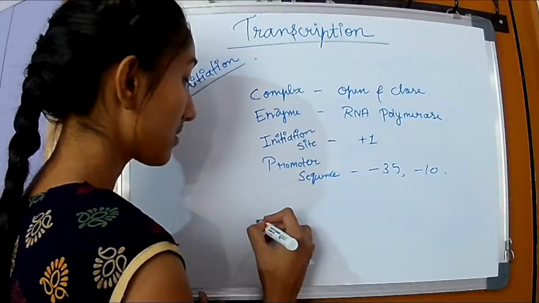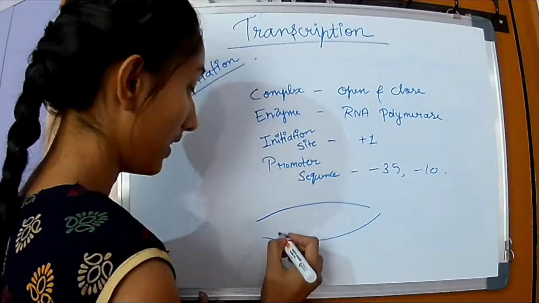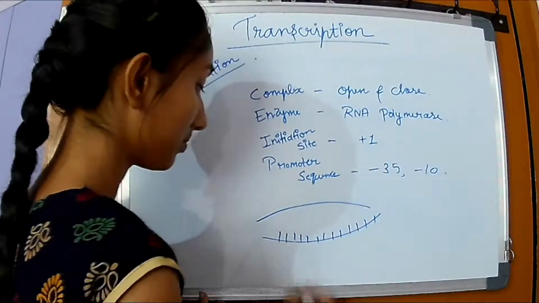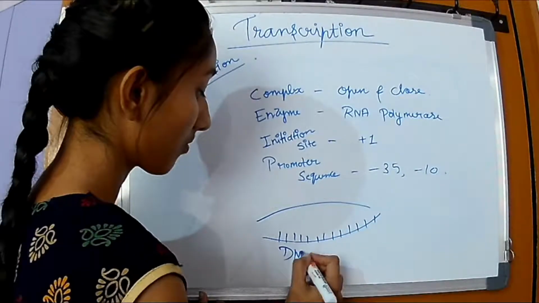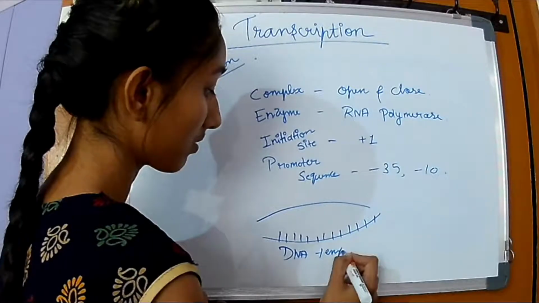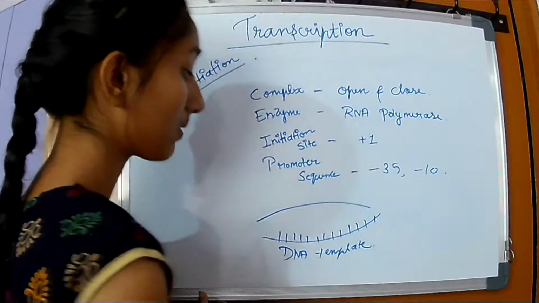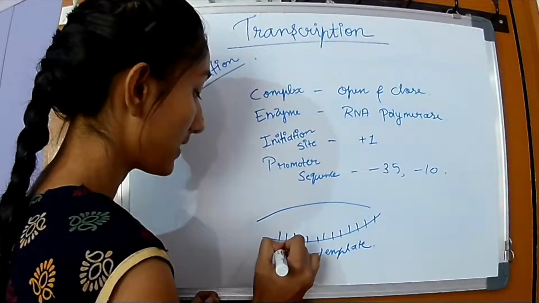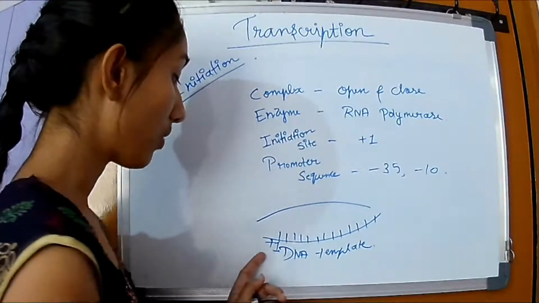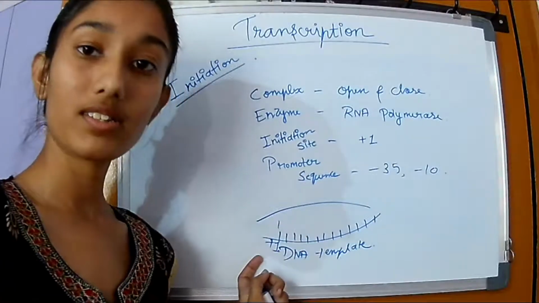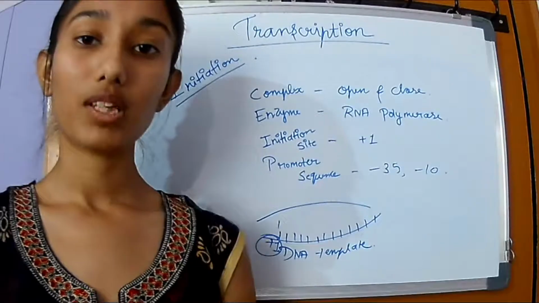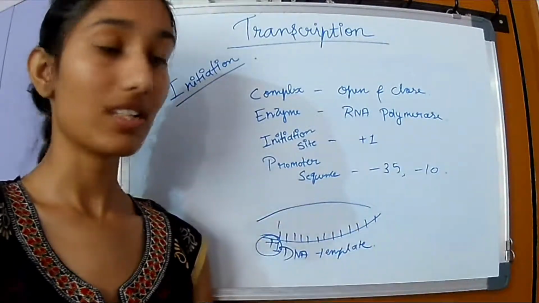Like, say this is a DNA template, and here is the +1 site from which we are going to add our nucleotides of mRNA. So it is called the +1 site or the initiation site.